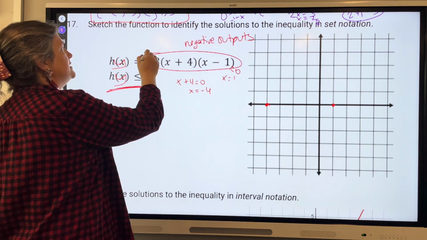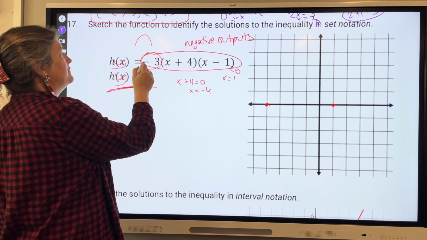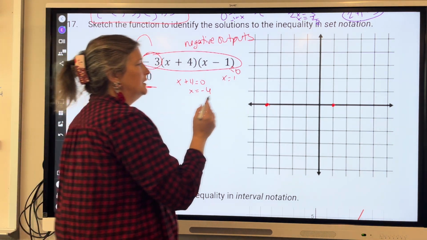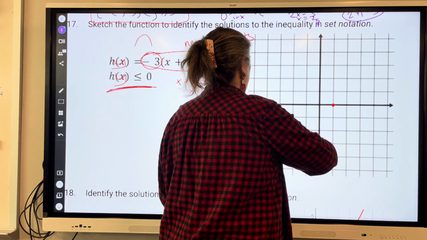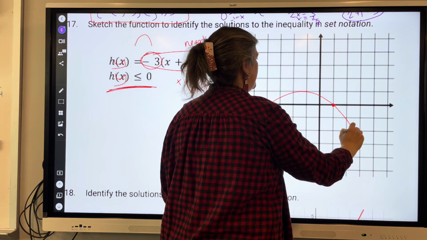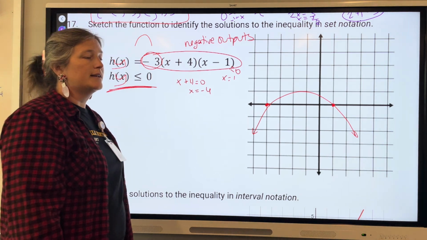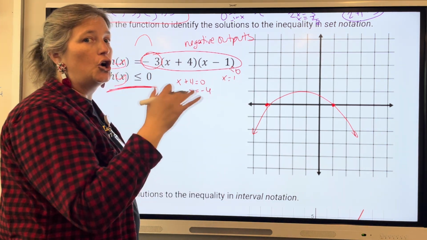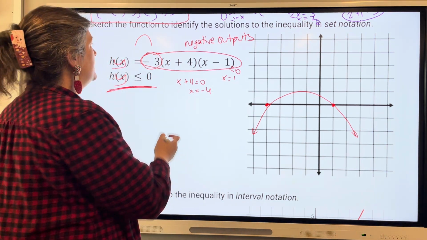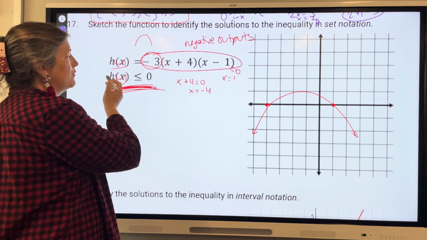And then this is a downward facing, sad face, negative, opening down parabola. Now I have no idea where my vertex is, how tall or skinny this is, but I'm going to draw it nice and flat because all I care about is the positivity or negativity of my y's.